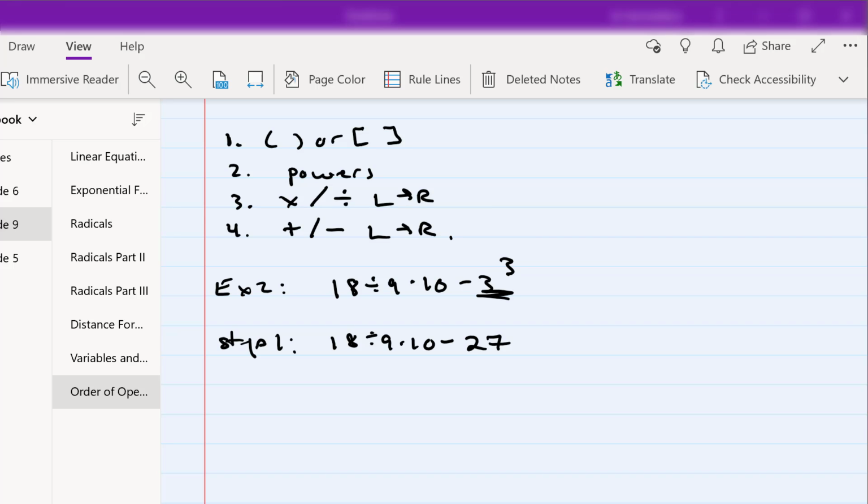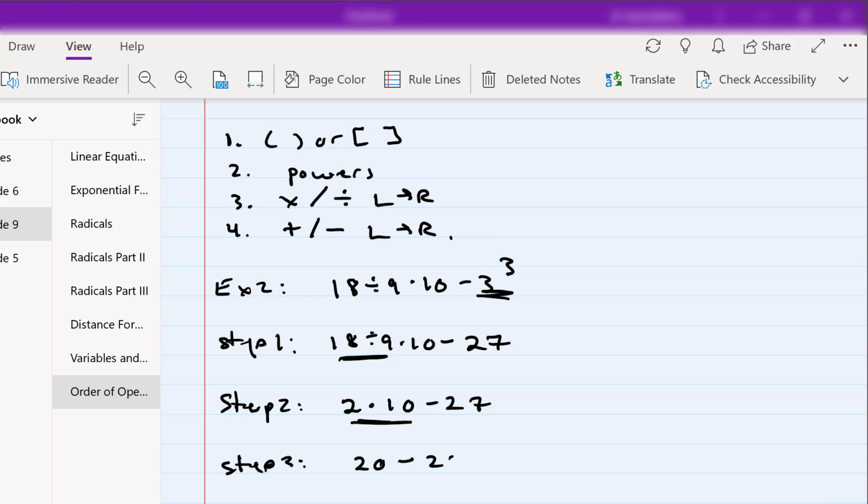Now step 2, we have division and multiplication, and that is done from left to right. We're going to do 18 divided by 9 first, which is 2, multiplied by 10 minus 27. Now step 3, we just have multiplication and subtraction, but multiplication has a higher precedence, so we do 2 times 10 first, which is 20.